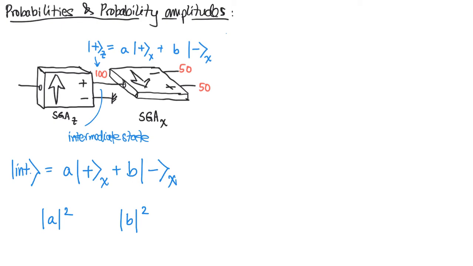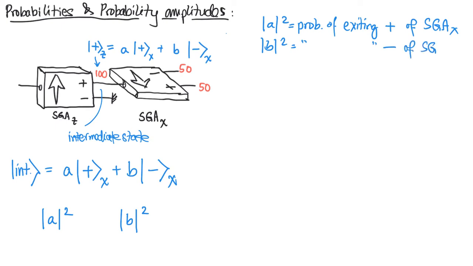Okay. So we have the following. We have mag A squared is a probability of exiting, as stated before, the plus port of the SGA X, and mag B squared is a probability of exiting the minus port of the SGA X. Okay. Now, if we think about that for a minute, we know that the total probability is 100%, and the total probability of exiting that SGA X is given by the sum of the probabilities of exiting either one port.